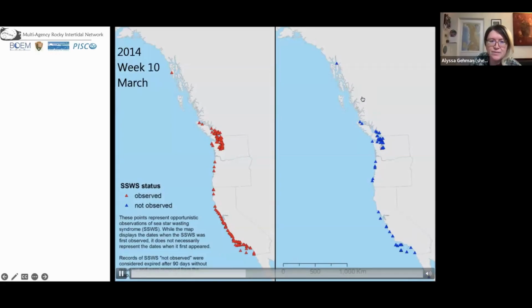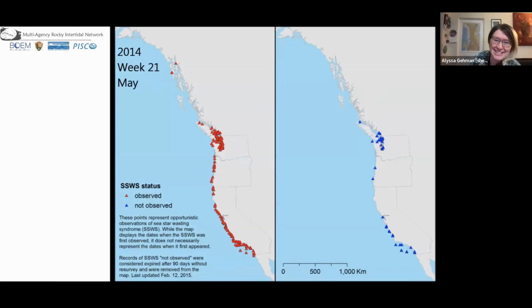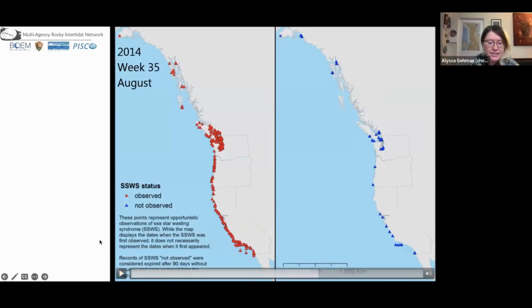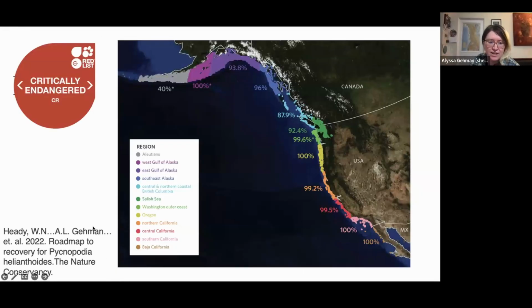Now we're starting to get a little bit further north as we're in 2014. We don't have to memorize the timeline of this, but the main thing to note is that this spread quite rapidly over a very, very large area. And this resulted in massive loss.